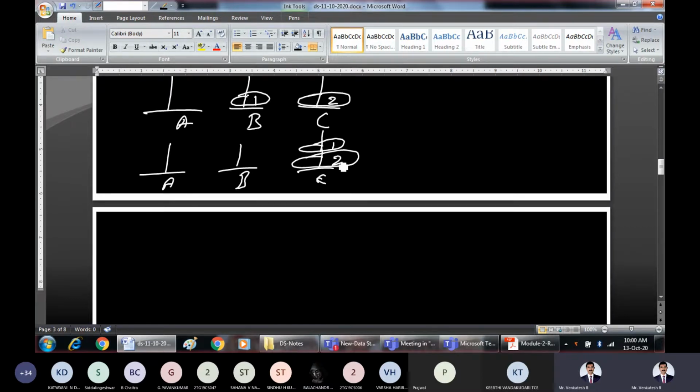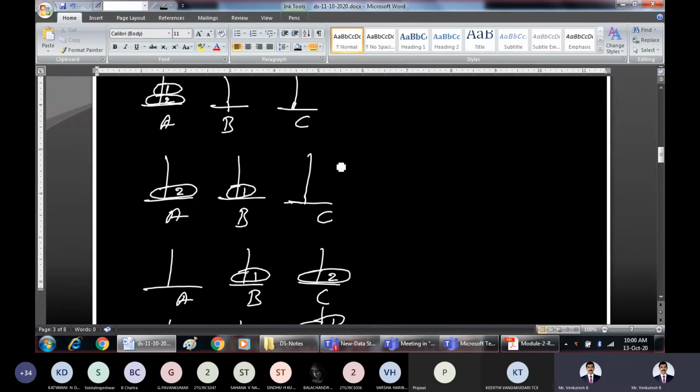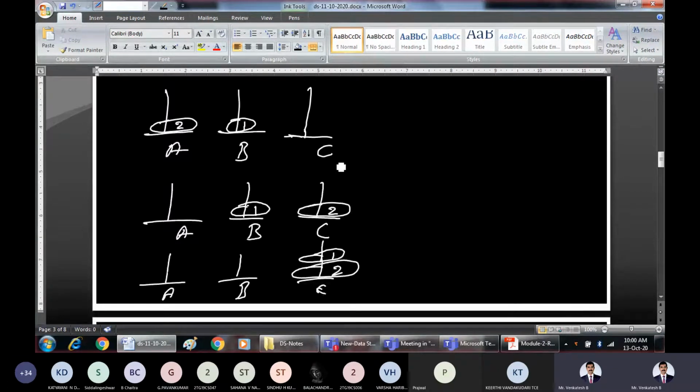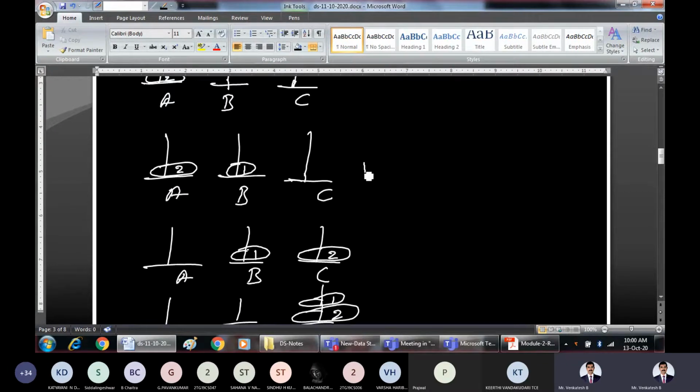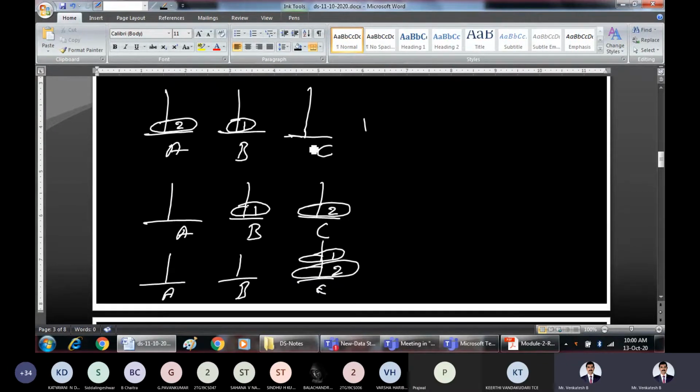How many moves have we taken? Can you guess the number of moves? This was the given source, and this is the first move, this is the second move, and this is the third move. So when the number of disks is 2, we have taken 3 moves.